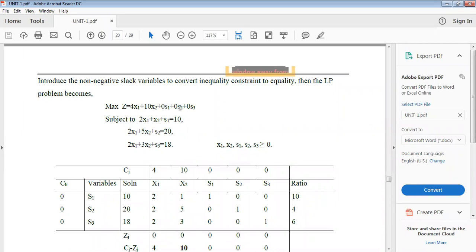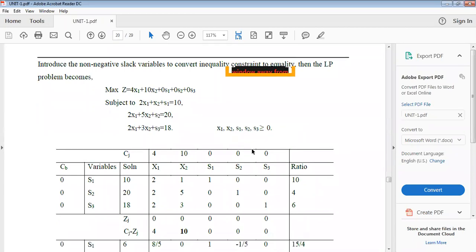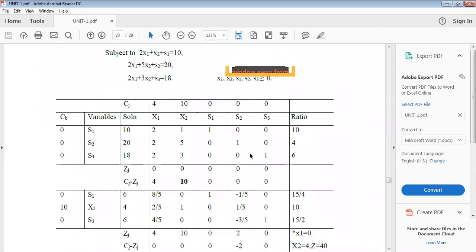Hence, 0s1, 0s2, 0s3. Next, subject to the constraints 2x1 plus x2 plus s1 is equal to 10, 2x1 plus 5x2 plus s2 is equal to 20, and 2x1 plus 3x2 plus s3 is equal to 18, where x1, x2, s1, s2 and s3 should be greater than or equal to 0. Now you constitute the table.